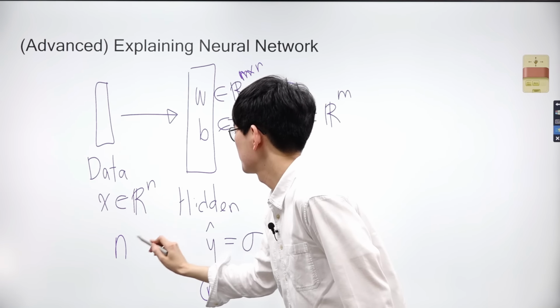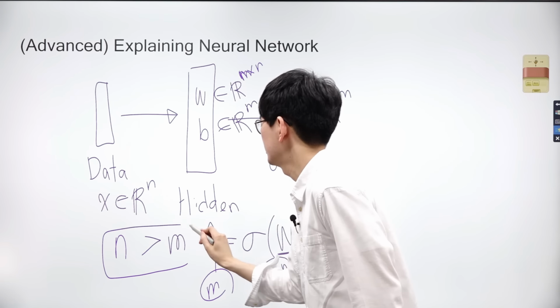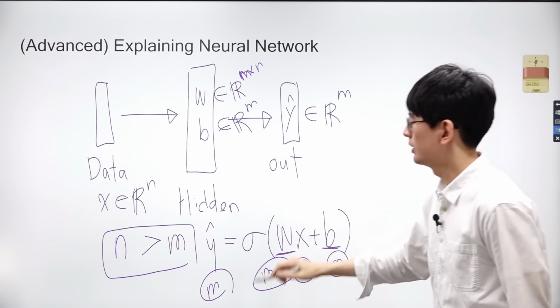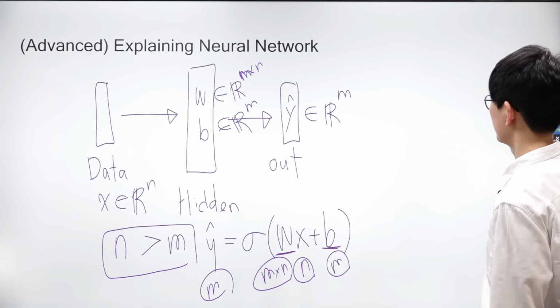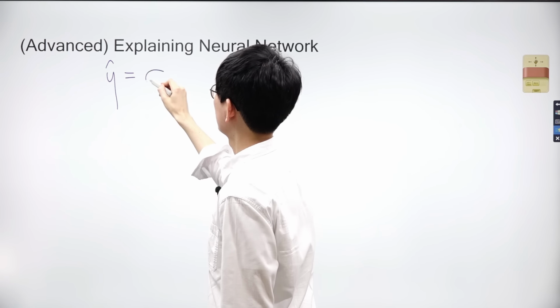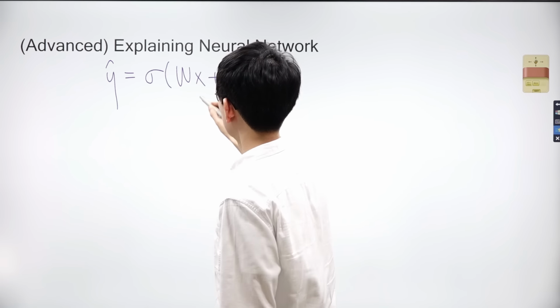Suppose the data x is an image, and the output y hat is a list of labels of the image. In this case, n is much larger than m. Let's revisit the equation from the previous slide. Y hat equals sigma of wx plus b.